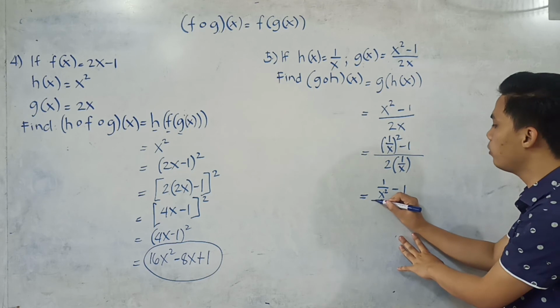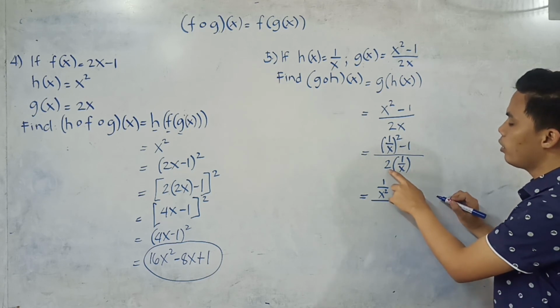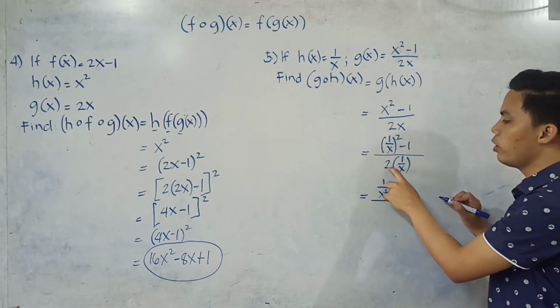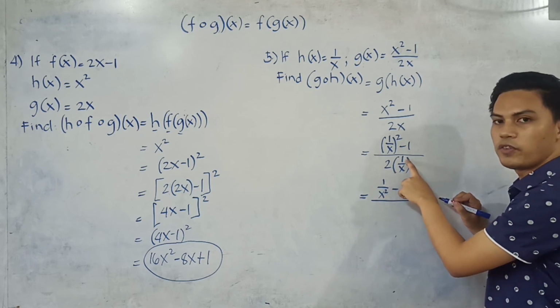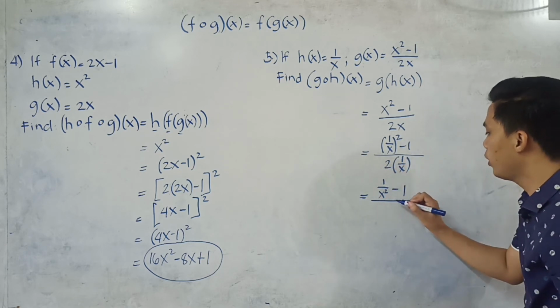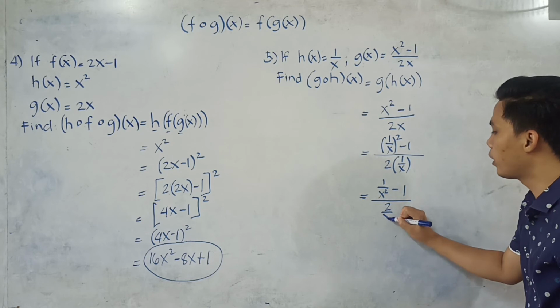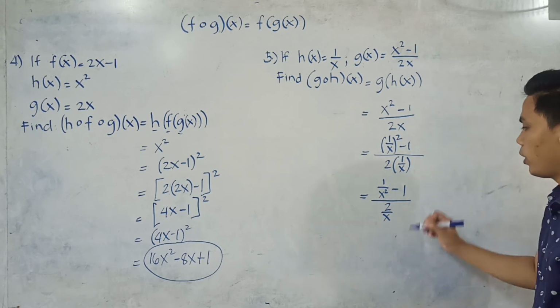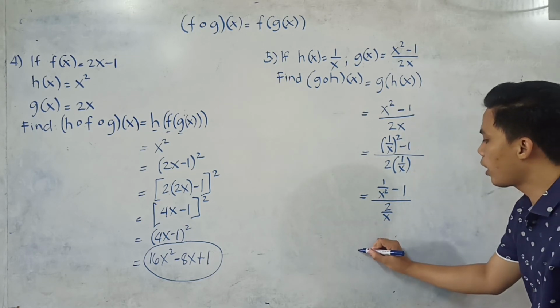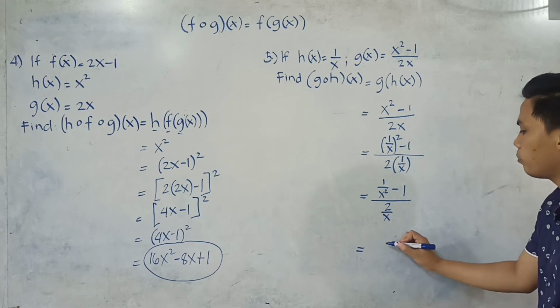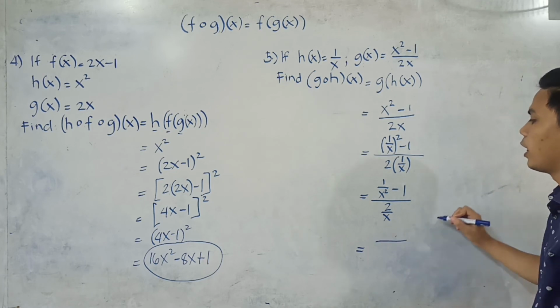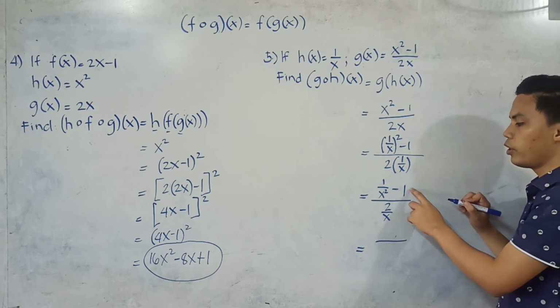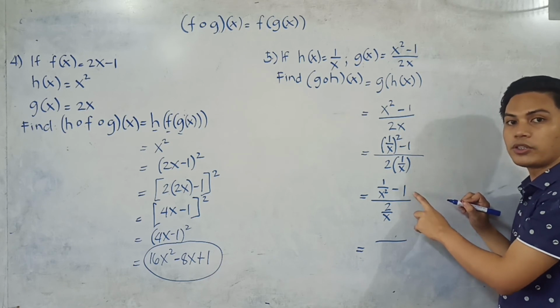Okay, sa baba naman, pwede natin i-multiply si number sa numerator. So you have 2 times 1, that is 2. Then copy lang natin yung denominator. We can simplify this one. Yung sa taas muna or sa numerator muna, pag-isahin natin sila. So since dissimilar fraction, itong 1, may denominator siya na 1, tama?